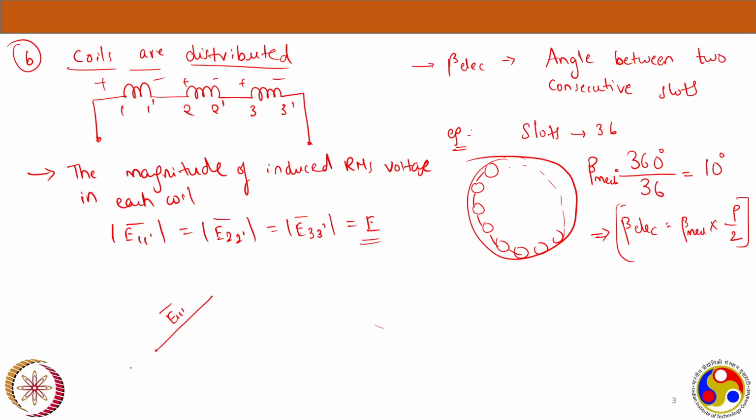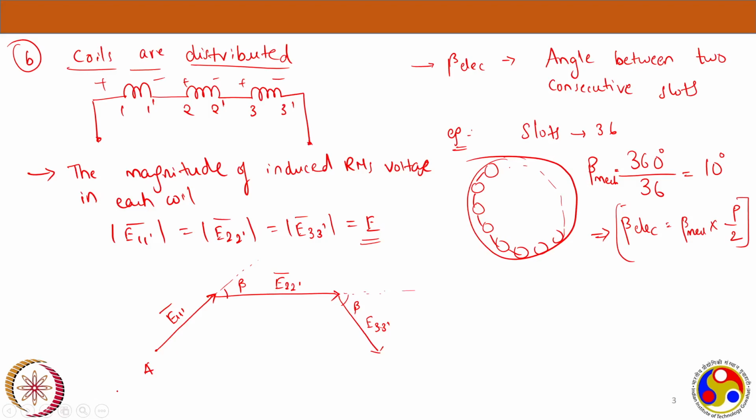This is the point A, and this is the point, you can say, B. And from here, I'm taking this as a beta, and this is E22 dash, and this is a beta, this will be E33 dash. Okay.